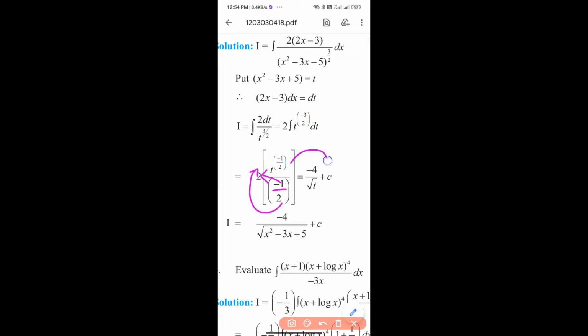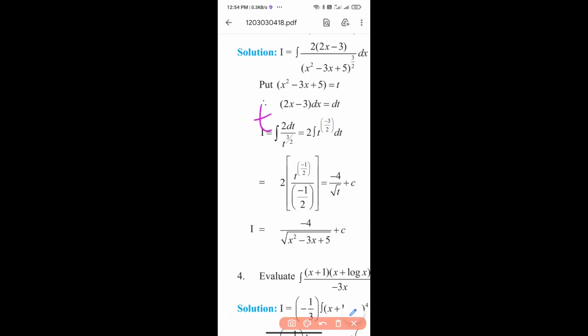And in the next step, t raised to 1 by 2 is equal to root t. T raised to minus 1 by 2 is equal to 1 divided by root t, because this is equal to 1 divided by t raised to 1 by 2.